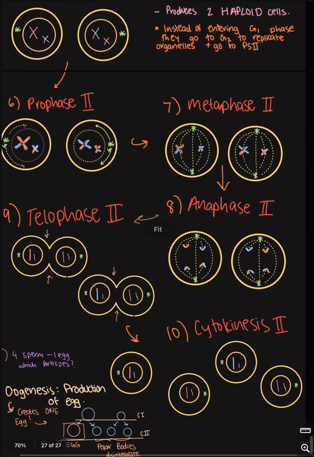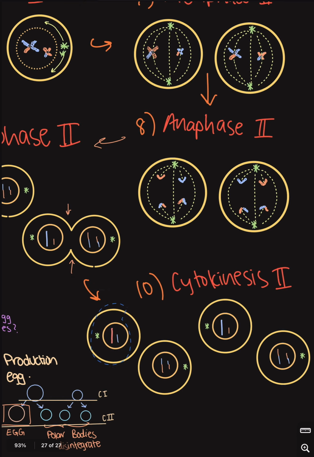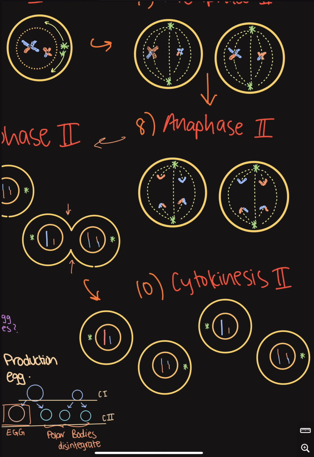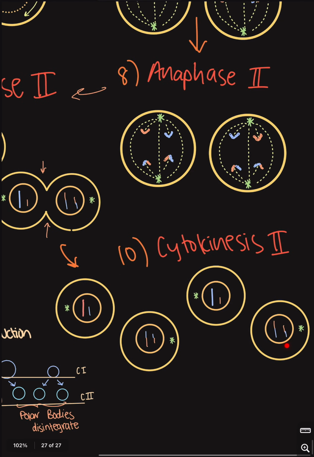And then the last step is cytokinesis 2, where the 2 cells fully separate into 4 separate cells. And if you can see, each one of these 4 cells has exactly half the number of chromosomes as the beginning parent cell.